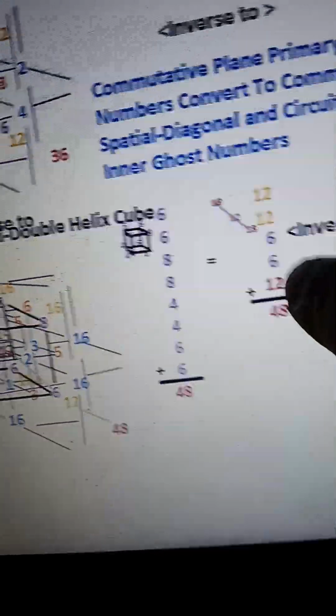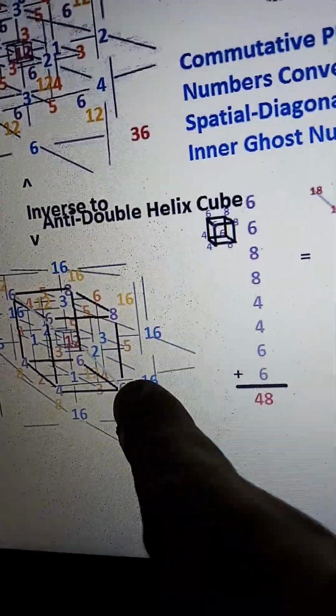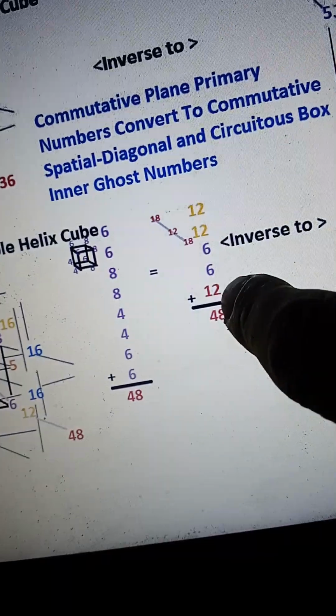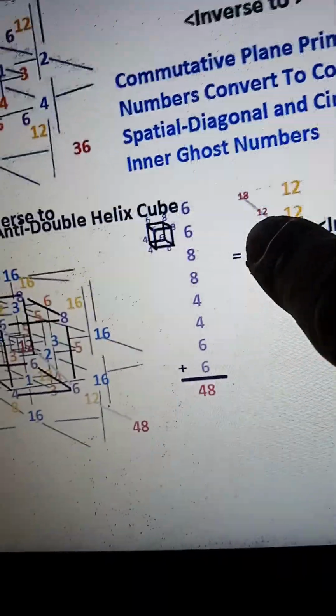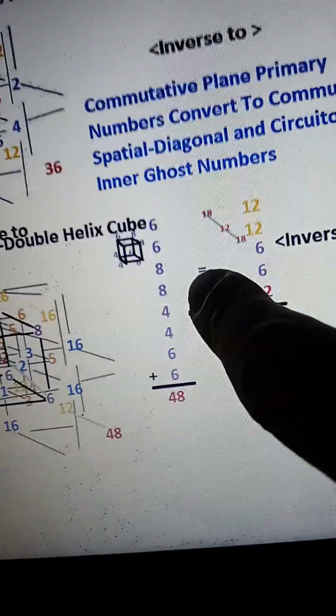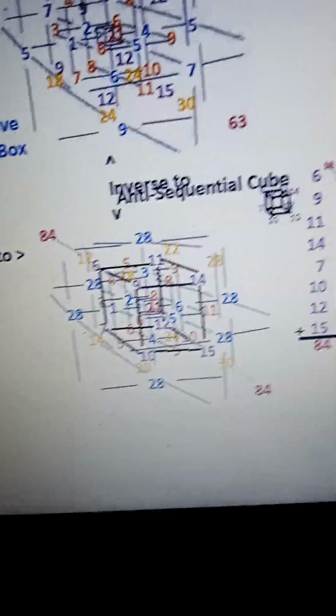I separated them, 12 and 6, 12 and 6 down here. 12 and 6 is 18 on one side, and 12 and 6 is 18 on the other side, and including the central ghost number 12 equals 48. So they're both equal. The same on this one.